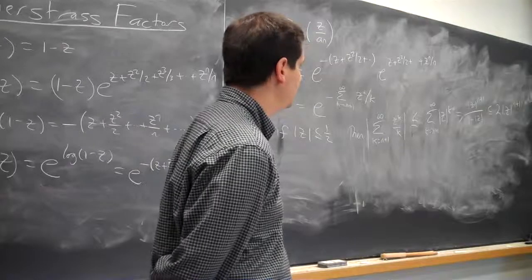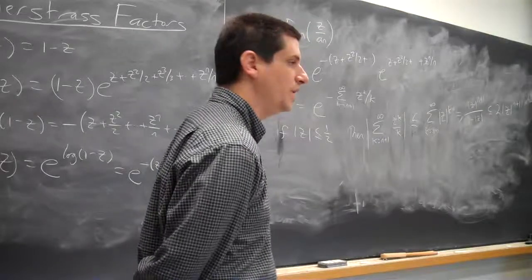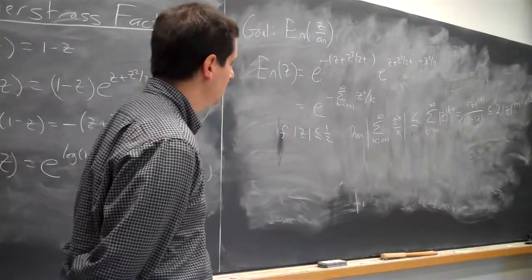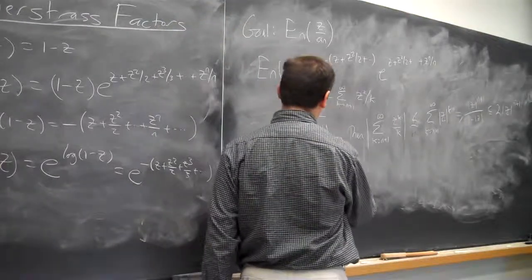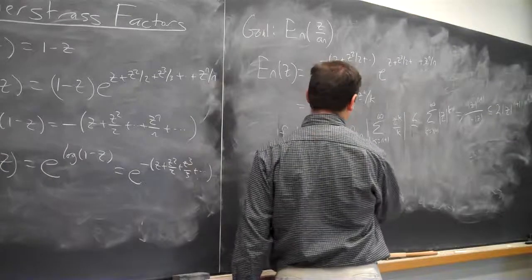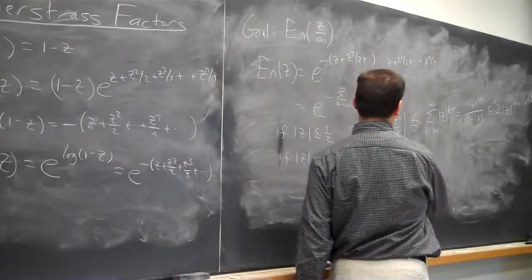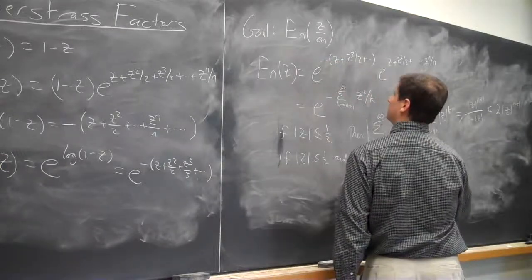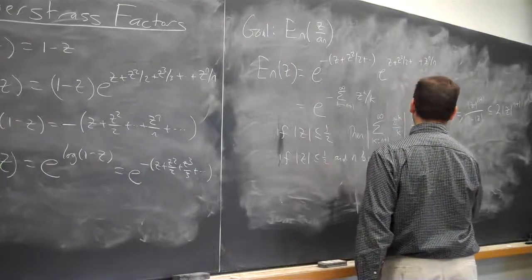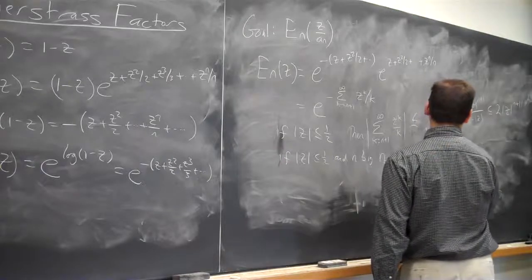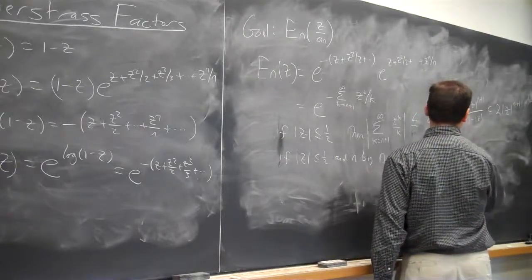So this factor is going to be very close to 1 if z is less than a half and n is large. So if the absolute value of z is less than or equal to half and n is big, then E_n(z) is very close to 1.